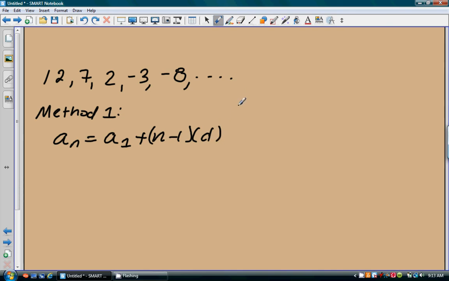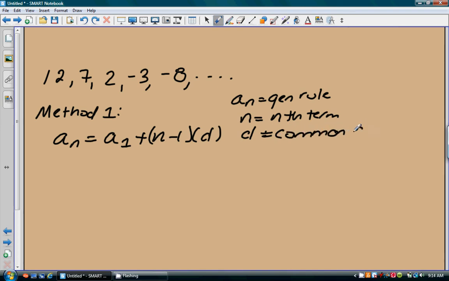Now, let's just label each term. A sub n is our general rule. n is going to be the term that we're dealing with, so whatever term of the sequence we have, the nth term. d is going to be the common difference. And a sub 1 is the first term of the sequence.